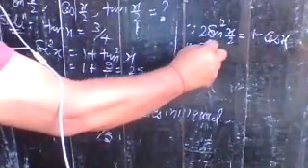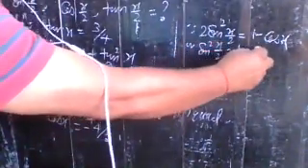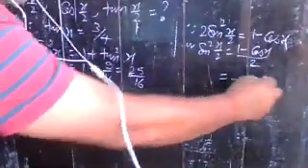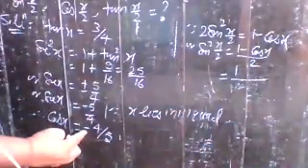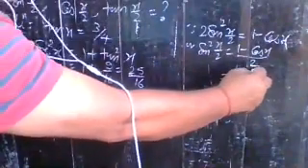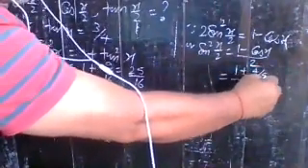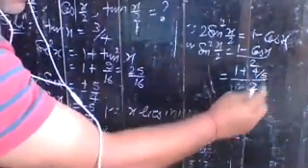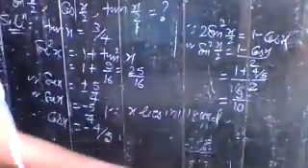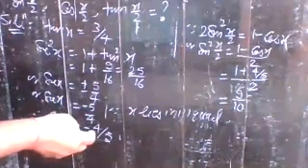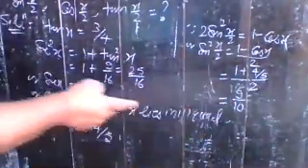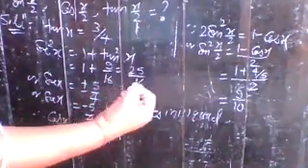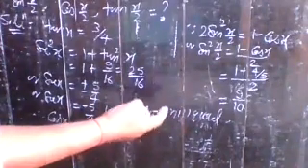So sine square x by 2 is equal to (1 minus cos x) by 2. Now putting the value of cos, which is negative, this negative becomes positive, so 1 plus 4 by 5, divided by 2. Simplifying it, you have 9 by 10. So sine square x by 2 is 9 by 10, and taking sine x by 2, you have plus minus 3 by root 10.